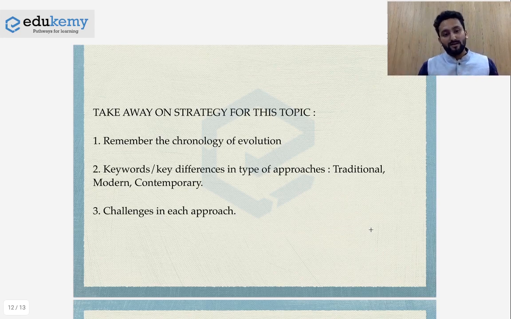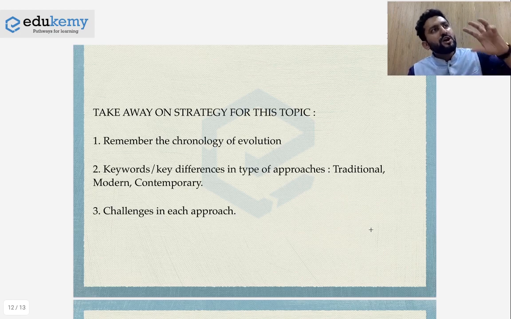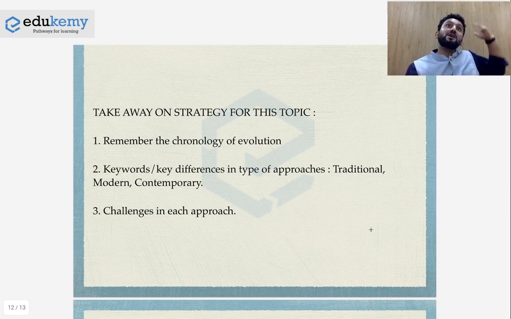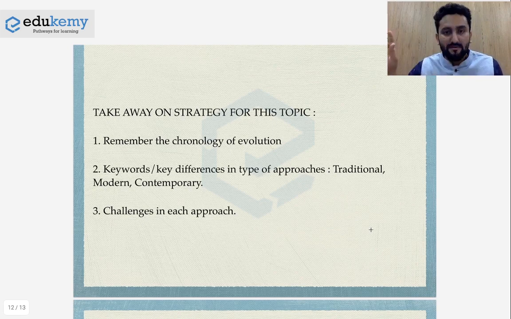So what is the traditional approach? The traditional approach was philosophical in nature. It was also historical in nature. They were giving political theory on the basis of historical analysis. Aisa hua tha, is vajah se aisa hota hai. That is the historical approach. You should remember some scholars in each approach, and that's not a big deal.